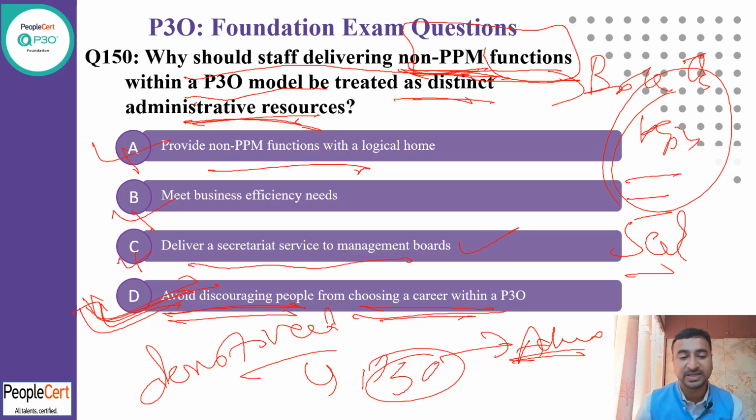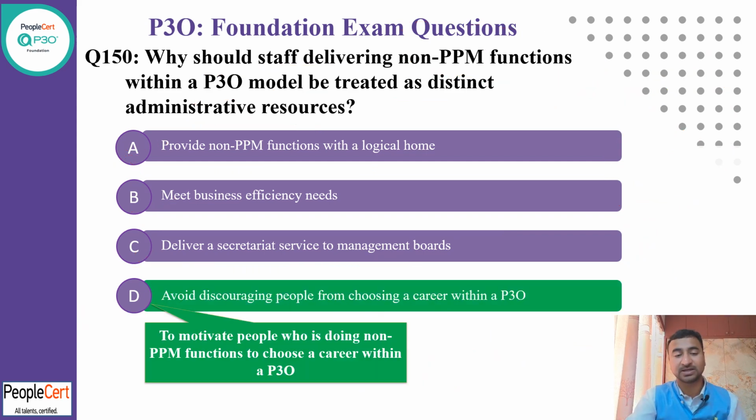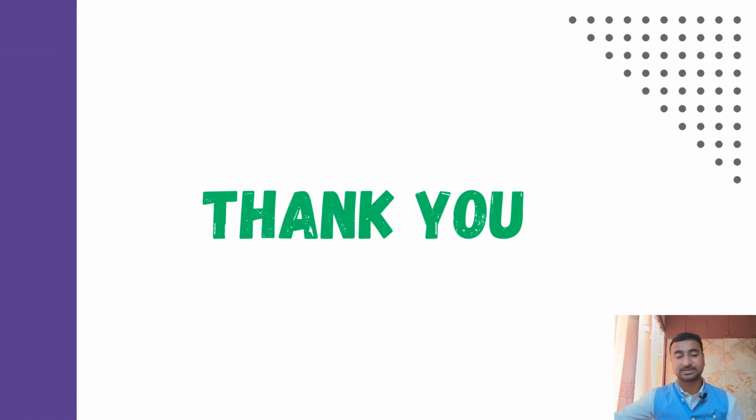So with that, D is the correct answer. Let's see. Yeah, that's the correct answer. To motivate people who are doing non-PPM functions to choose a career with the P3O. So that's all. Thank you. Thank you very much for joining.